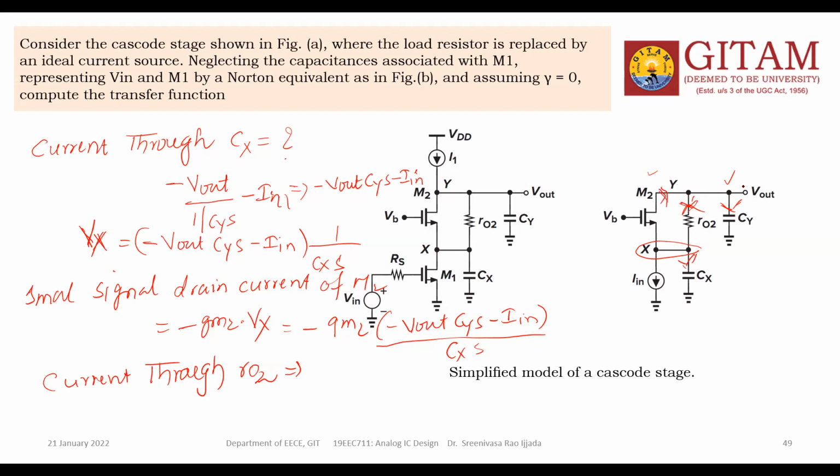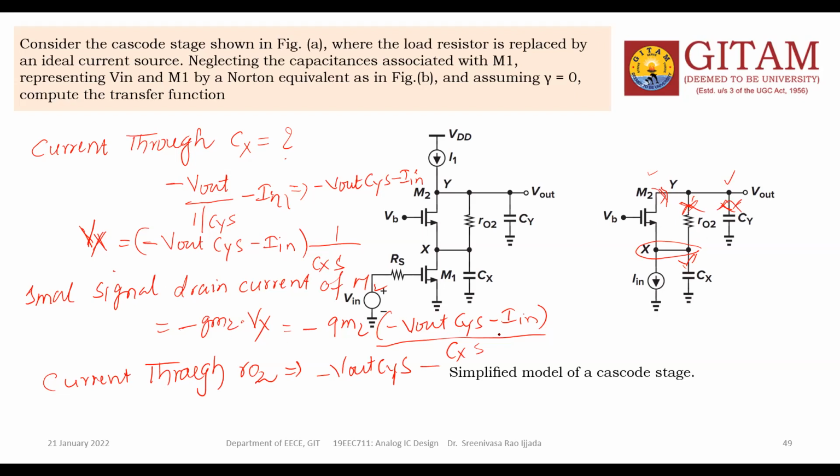So already you know the current to the Cx, and the current to the Cy is equal to minus Vout into Cys. This is the current to the Cy, or the sum of these two currents, maybe coming like this and coming like this. The total is the current to the R02.